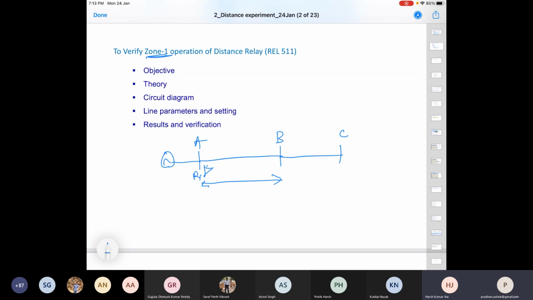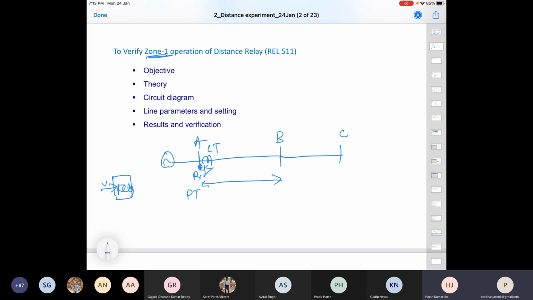It computes the fault impedance using the current information and the corresponding voltage information. Current information from the CT and voltage information from the PT, potential transformer. Why is this required? Because you have to scale down the voltage and current to a suitably lower level, substantially low to be compatible with your digital relay.